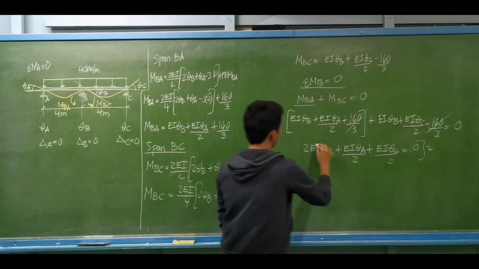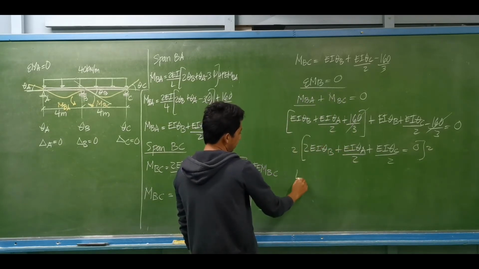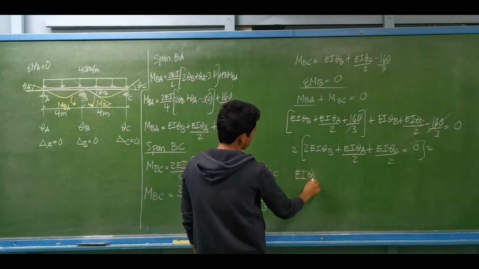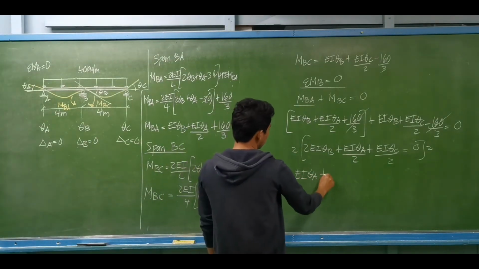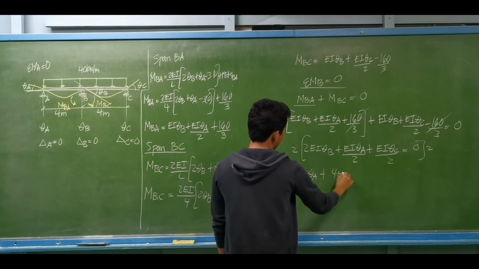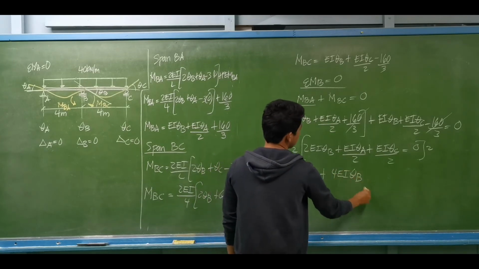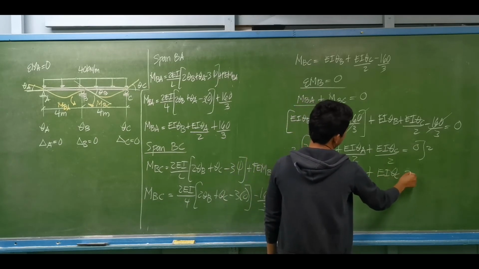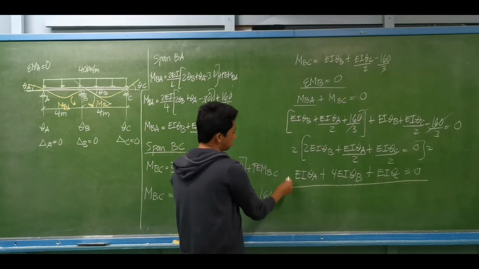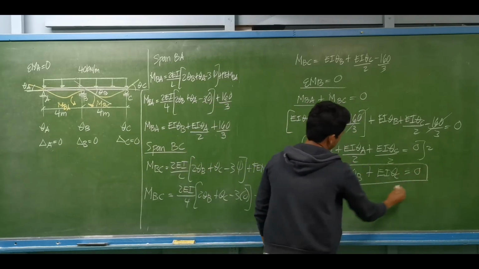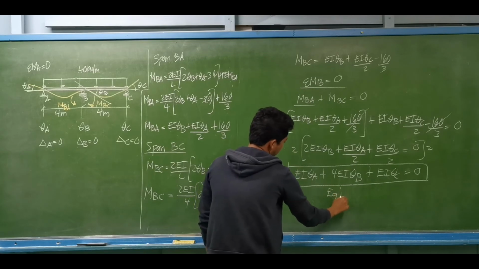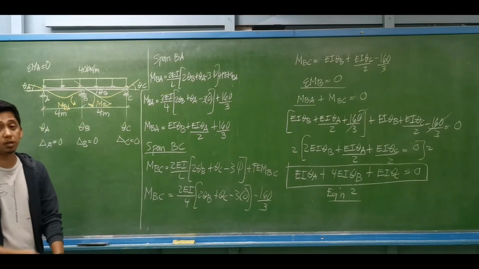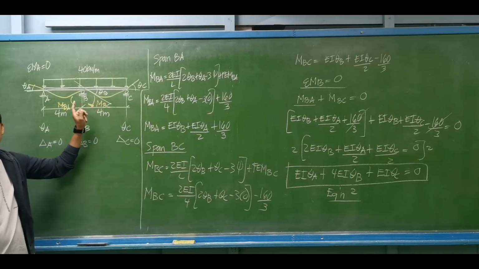So multiplying both sides of the equation by 2, we put first the theta sub A. This is now EI theta sub A plus 4EI theta sub B plus EI theta sub C is now equal to 0. So this will be our equation number 2. And then we have to consider the last span, that is span CB.